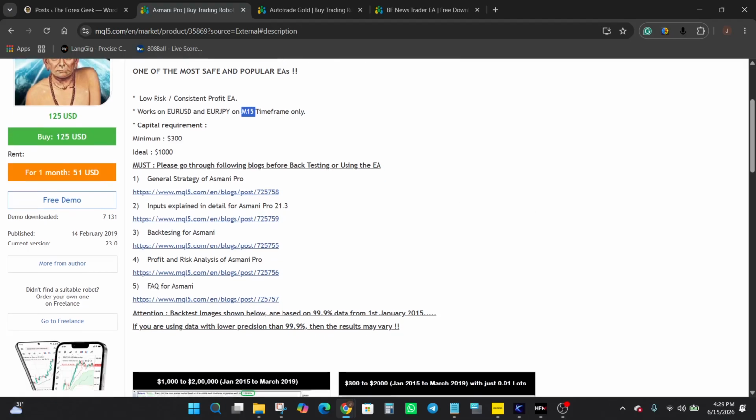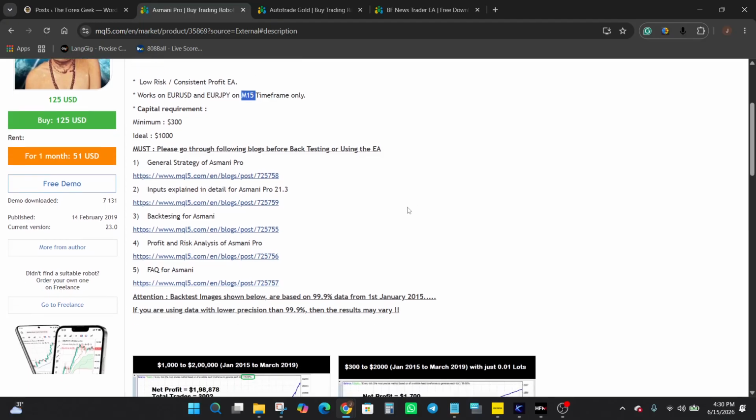Now, one thing I also notice on the page is that the developer strongly recommends reading a series of blog posts before using or backtesting the EA. All right. So these cover areas like the general strategy, input explanations, backtesting methodology, profit and risk analysis, and frequently asked questions.